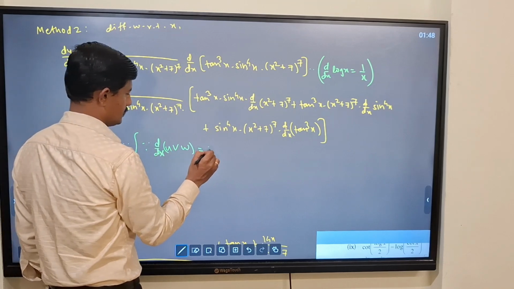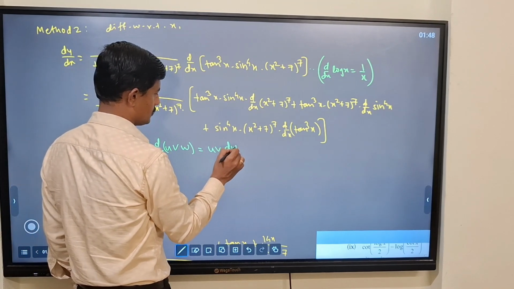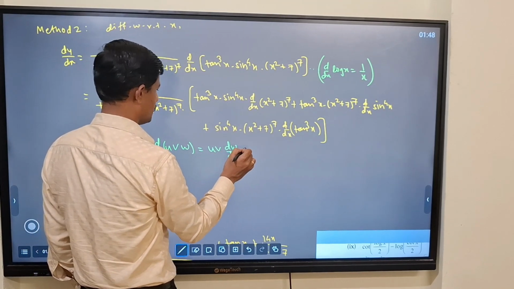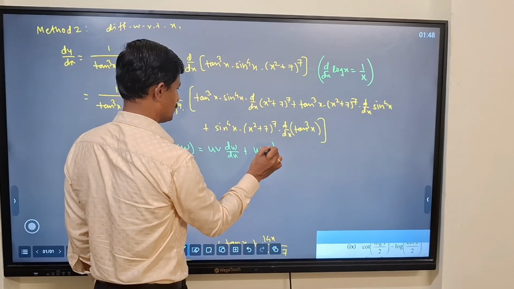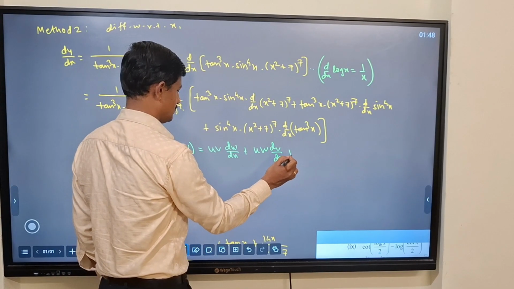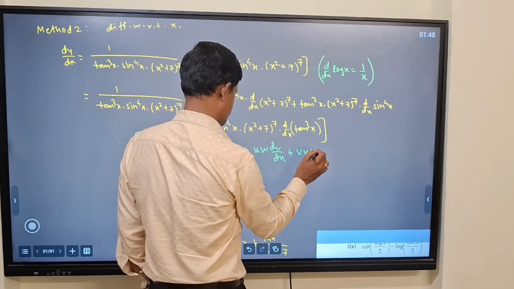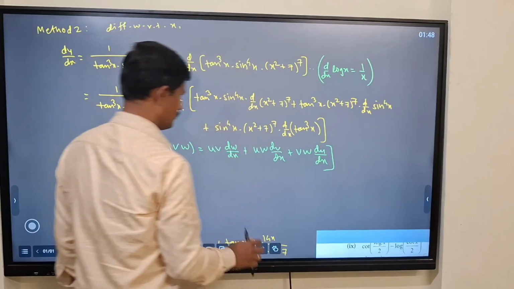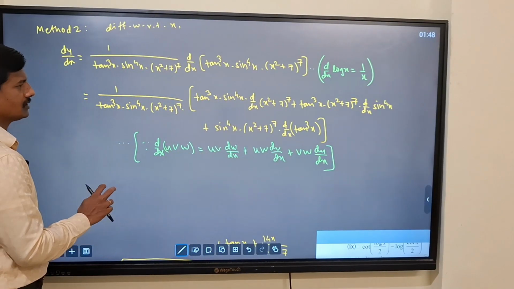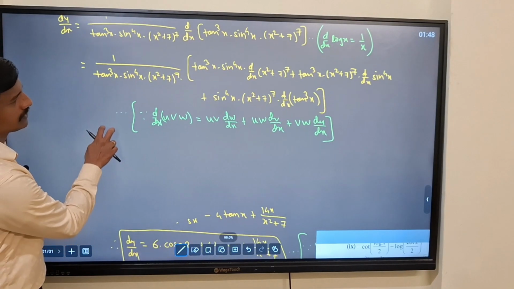It is uv, two terms constant, differentiation of one term. Again, keep other terms constant, uw, differentiation of v, and last vw is constant, du by dx. In multiplication, at one time you have to differentiate one term.